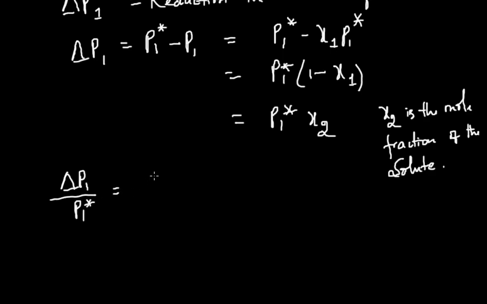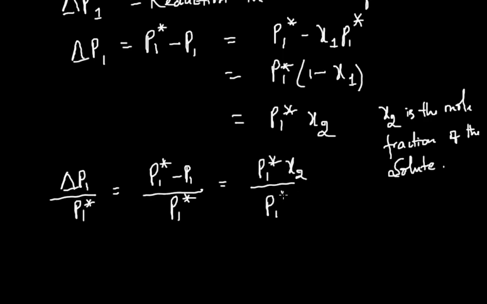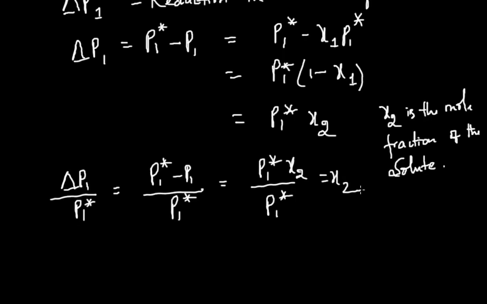So this is the relative lowering of vapor pressure: delta P1 divided by P1 star, which is P1 star x2 divided by P1 star, which equals x2.